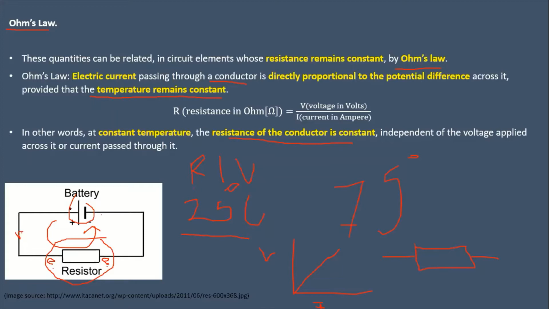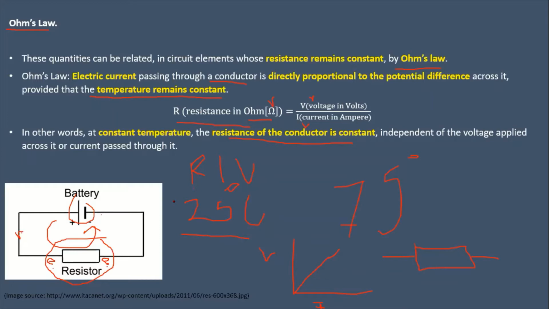Let's say for an example, you are given the circuit and they give you the voltage in volts and the current in amperes. They will then say, calculate the resistance. Resistance is measured in ohms, and this is the symbol for it, the Greek letter omega. Then you'll be able to calculate the resistance of your circuit.